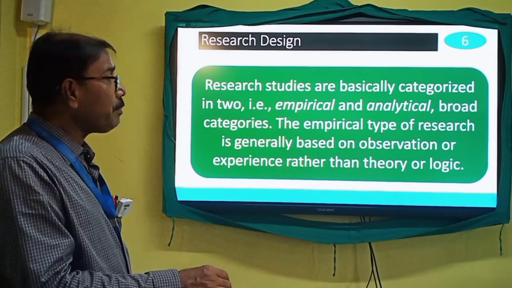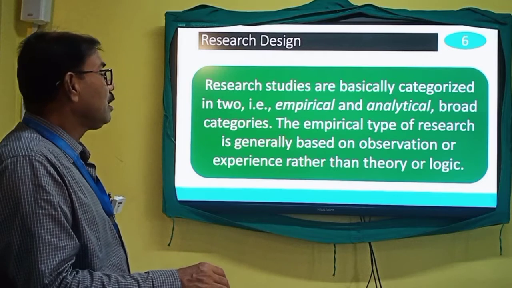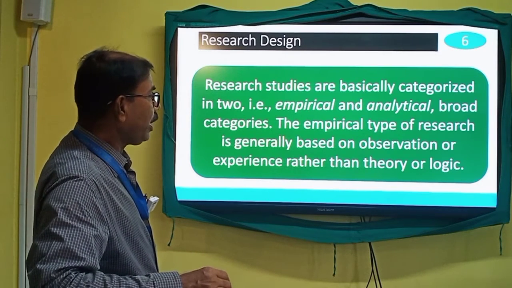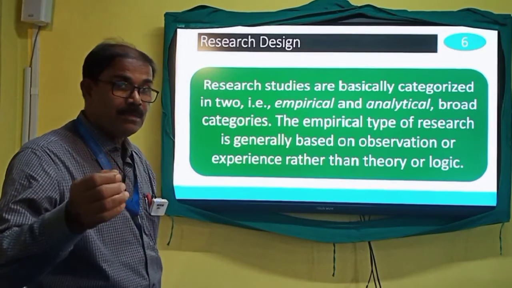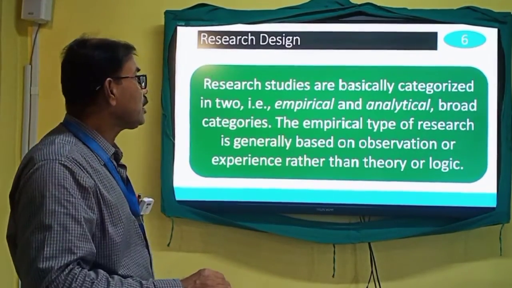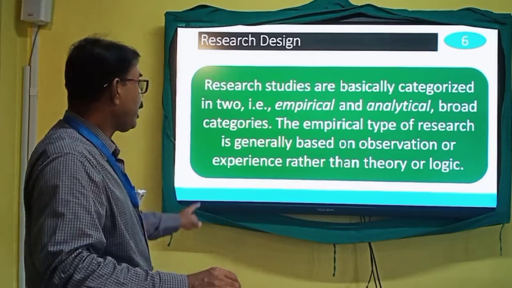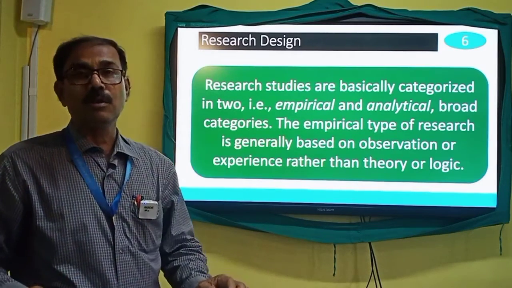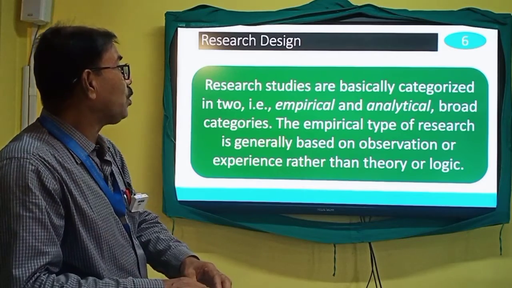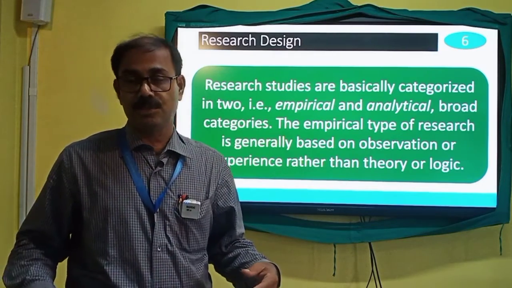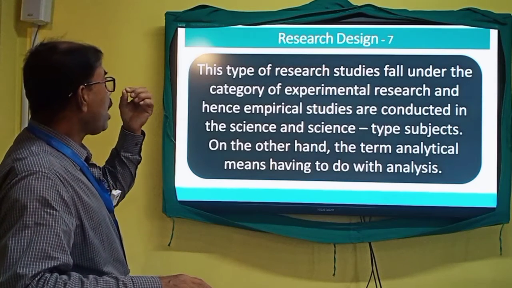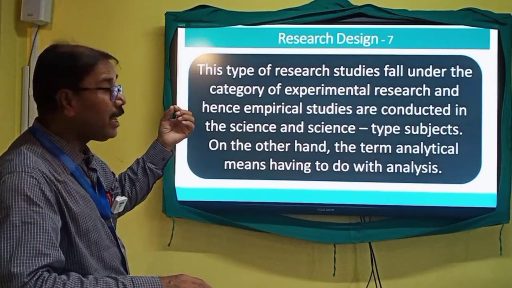It demands scientific application or following the scientific procedures or experience, rather than theory or logic, which has special importance in the other type of research. Let us see the next one. This type of research means empirical studies.